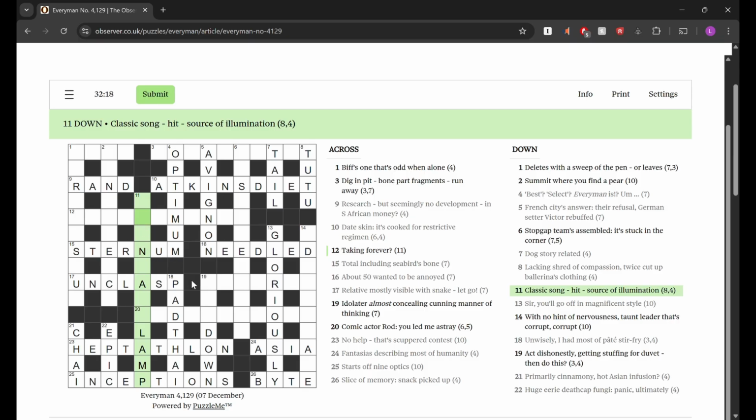It's like we've got several of these where we've got multiple letters, just not seeing it. Source of illumination, like a desk lamp or a... No.